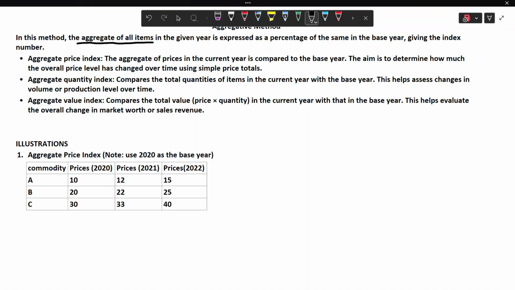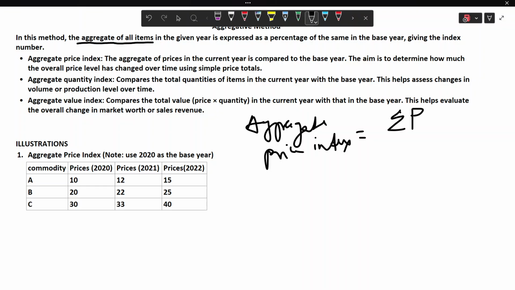And for the aggregate price index, because we are saying aggregate, it's basically the summation of all prices in the current period divided by the summation of prices in the base period times 100.